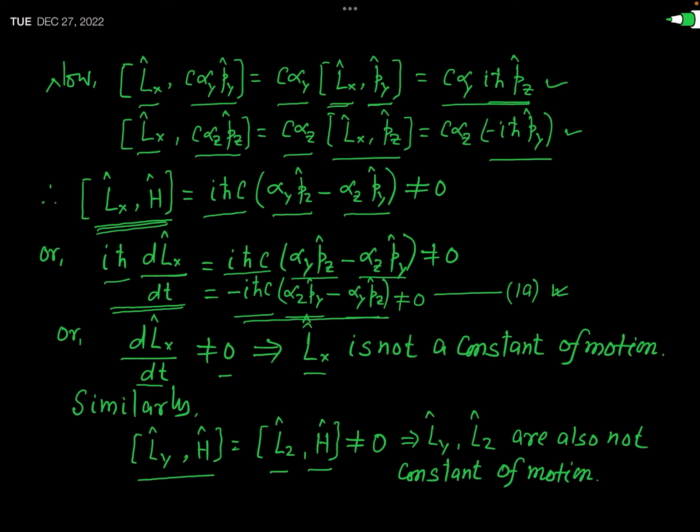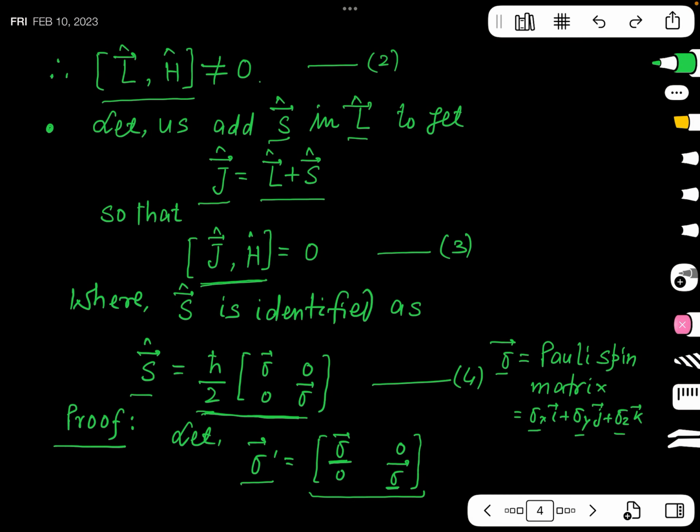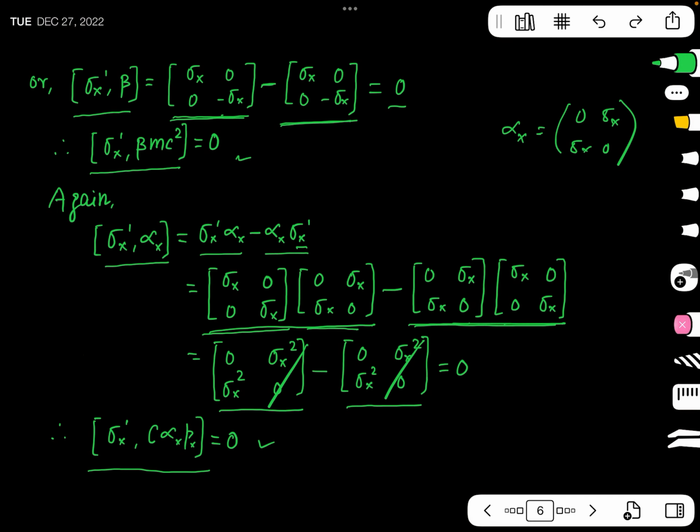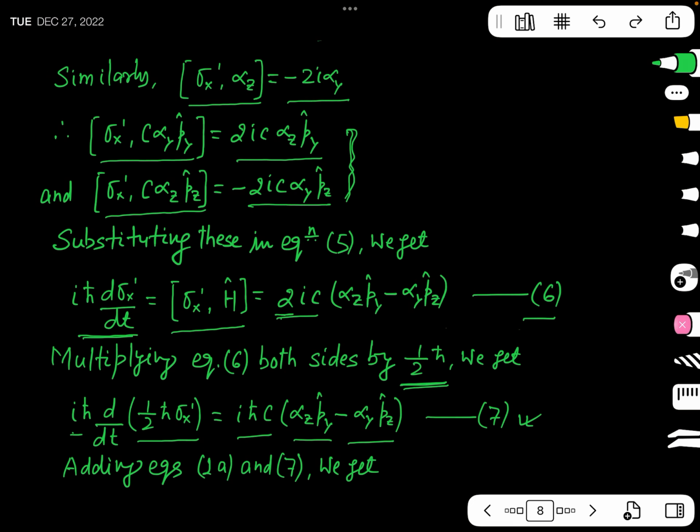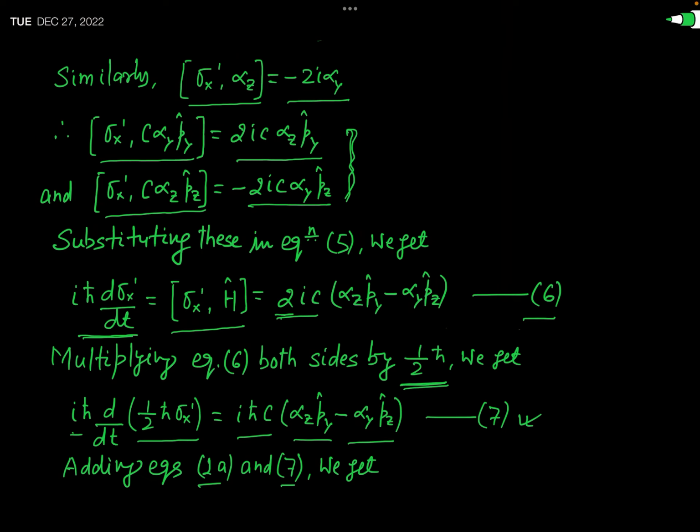Now we will add this equation 1a and the last equation which we have obtained just now. After adding these two equations 1a and 7, what will be your result? You have seen that in the RHS of equation 1a, the term was simply this but with a minus sign.